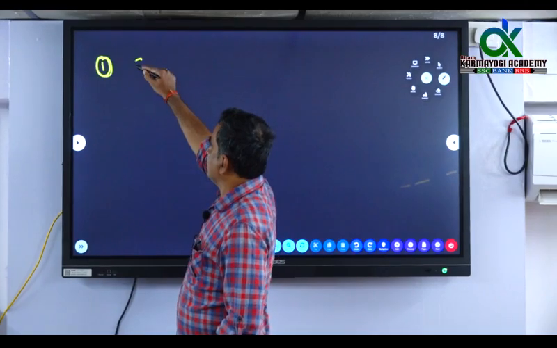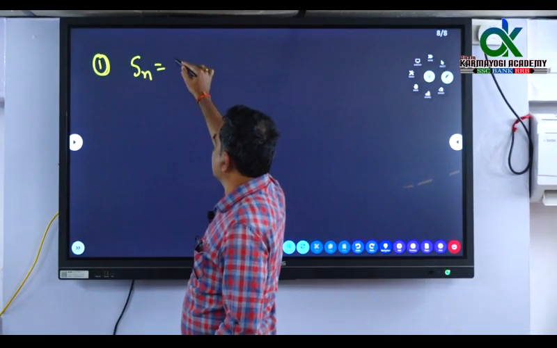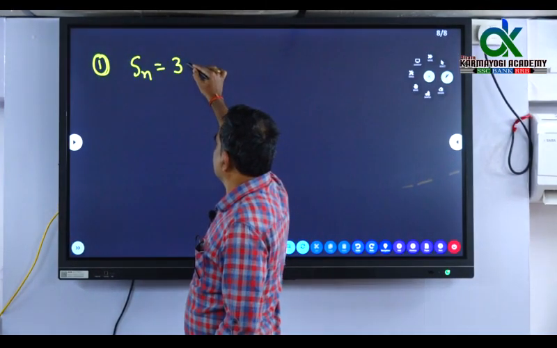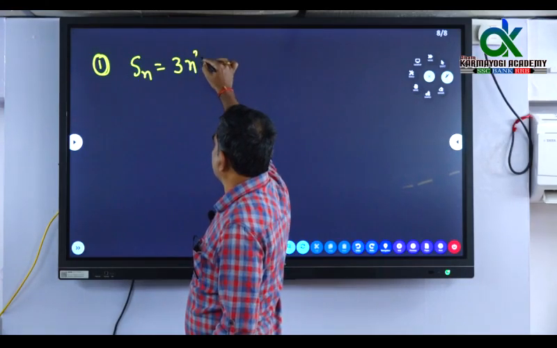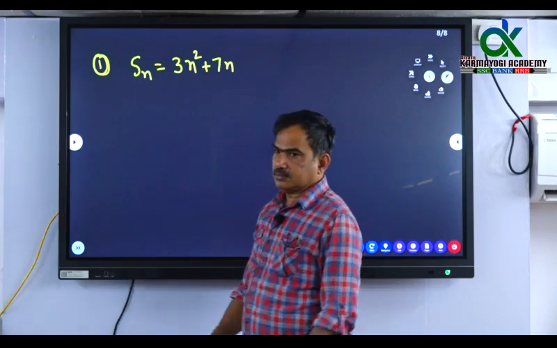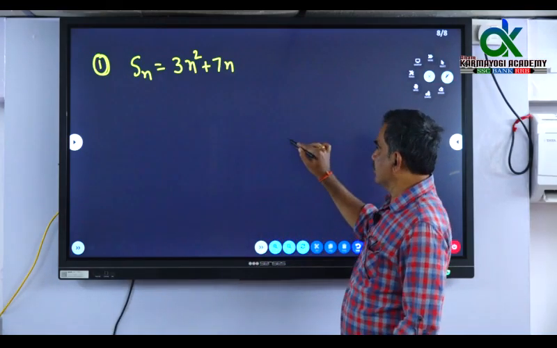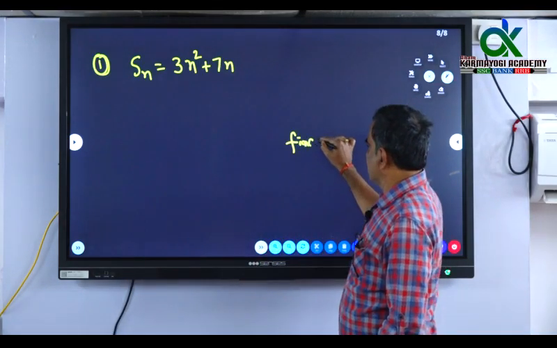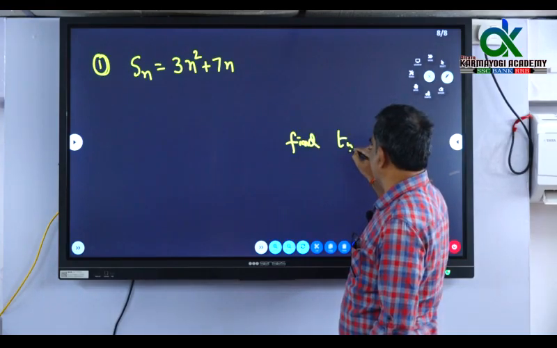If sum of n terms of an arithmetic progression is 3n square plus 7n, then find fifth term.